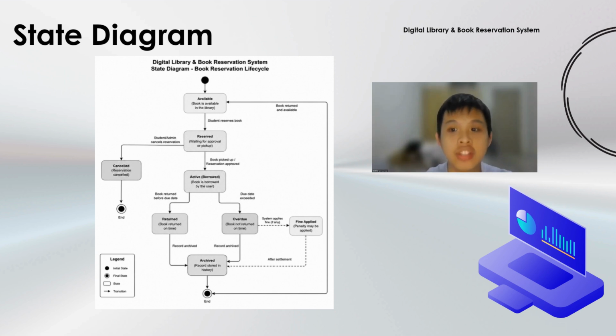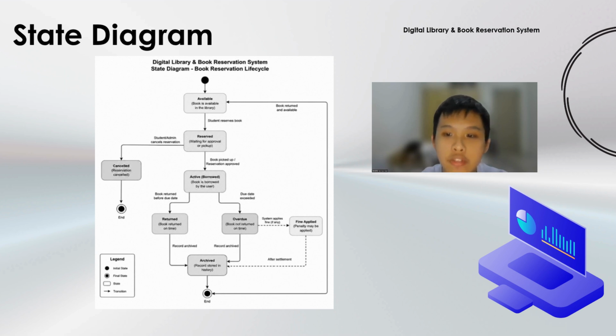Now I will explain the state diagram of our digital library and book reservation system. The process starts when the book is available. When a student reserves it, the status changes to reserved, where it waits for approval and pickup. If the reservation is cancelled, it moves to cancelled and the process ends. If the student borrows the book, it changes to active.